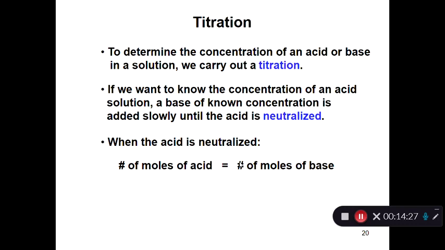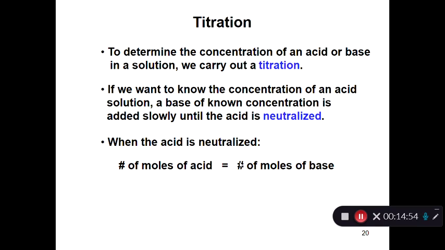of acid and base. To do that, we may need to remember neutralization means amount of acid must be equal to amount of base. Amount means moles. SI unit for quantity, amount of any substances in chemistry is moles.